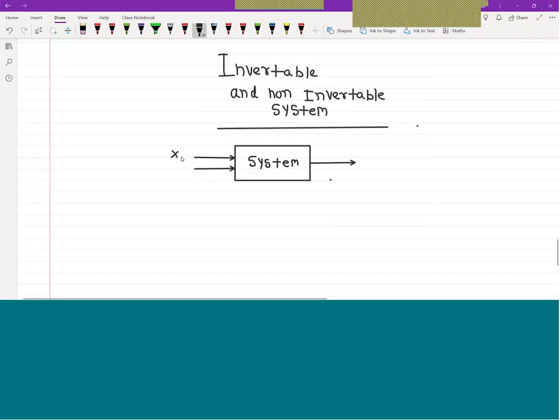If inputs are x1 and x2 and the output is the same y, if two inputs produce the same output, then you can say your system is a non-invertible system. Many into one mapping.